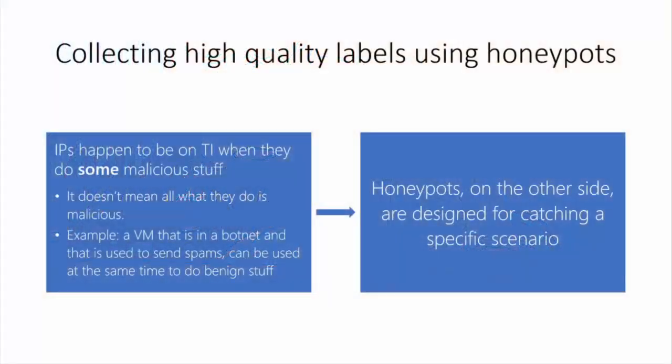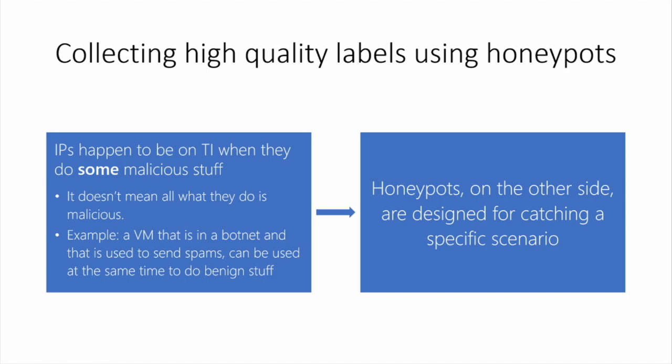Label quality is a very strong subject: a classifier is only as strong as the labels you train on. IPs happen to be in TI when they do some malicious stuff, but it doesn't mean that everything they do is malicious. For example, a VM can be in a botnet and be used to send spam, but it can also be used at the same time to do benign stuff.